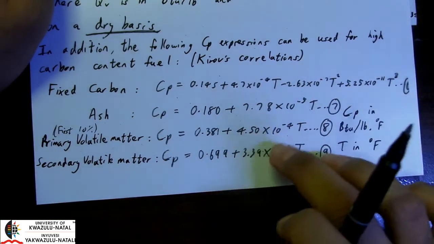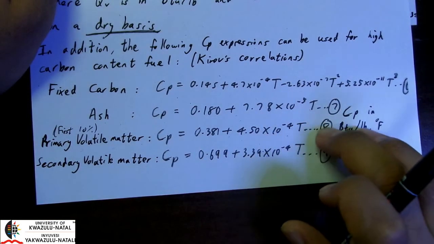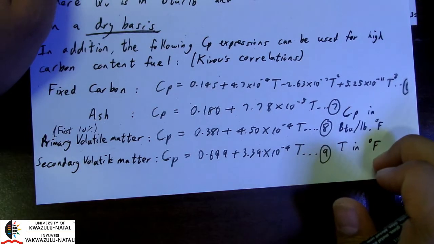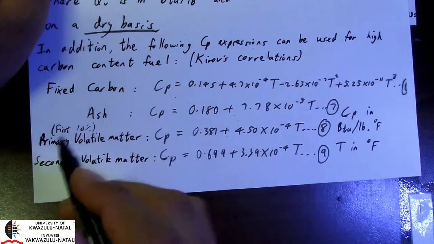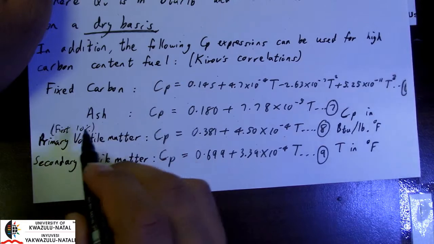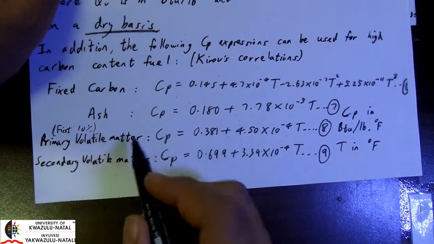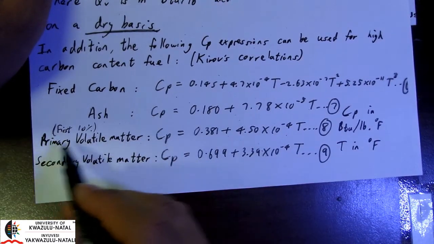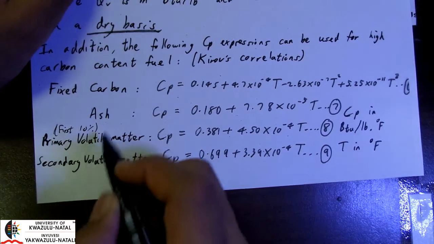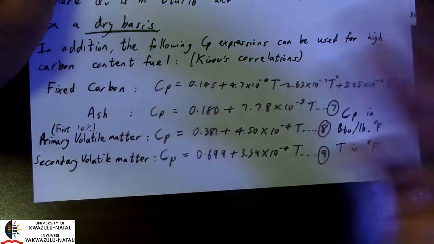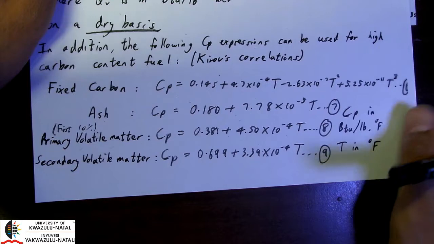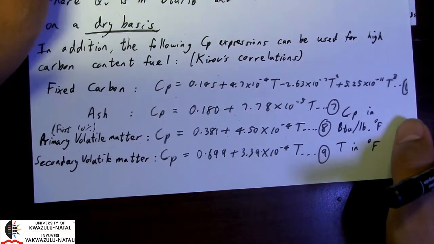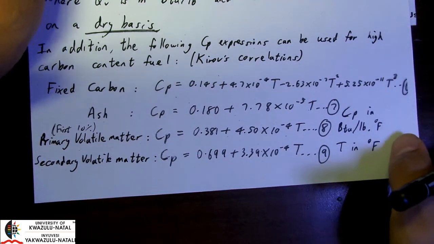However, we can group them up into the more volatile hydrocarbons and less volatile hydrocarbons. So now if we burn our fuel, we find that from our emissions we have primary volatile matter, which is the first 10% of volatile matter that leaves the fuel once we're operating at high temperatures.